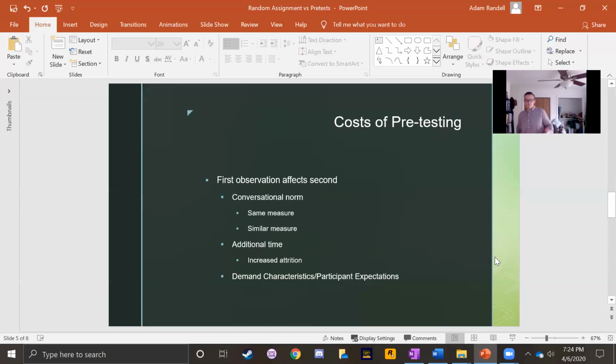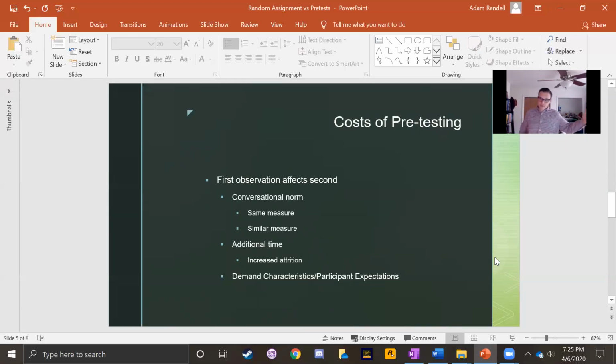Another cost is attrition. The more measures you put in a study, the longer you make that study. The longer you make a study, the more likely it is that some people are going to drop out. And especially when a study is long, if participants start seeing redundancy, so this kind of compounds with the first one, if a study is long and it's redundant, participants will start skipping whole sections.